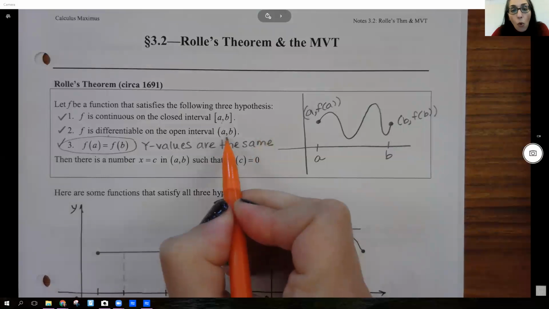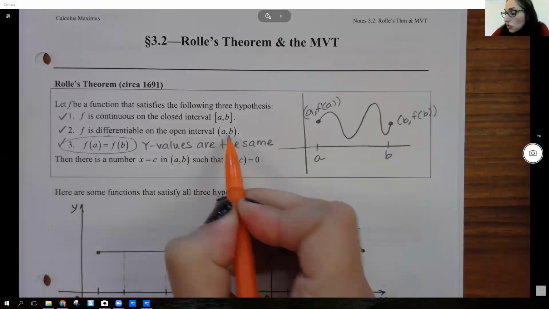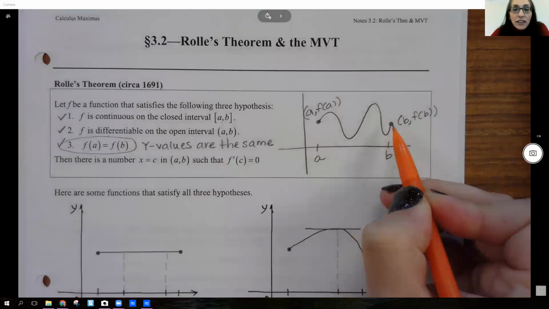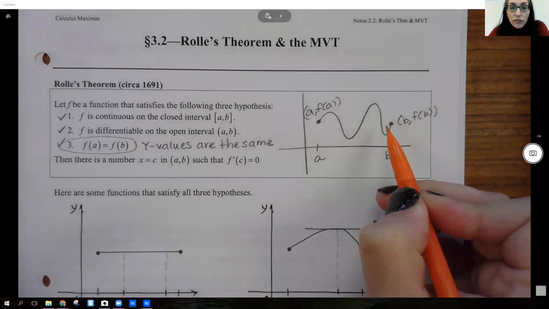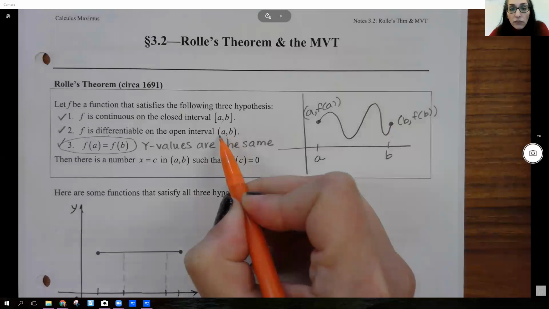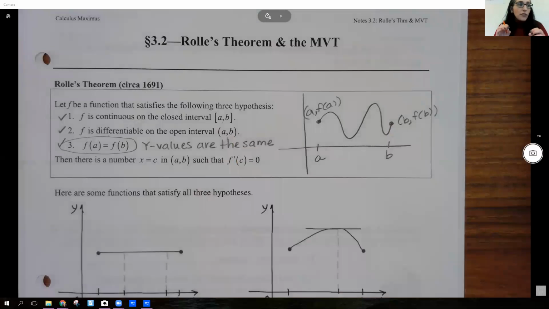So if we use an open interval, then that excludes the endpoints. And we all know that you can't take a derivative on an endpoint. So that's why this has to be an open interval right here. Okay, a little subtle difference, but something you should note.